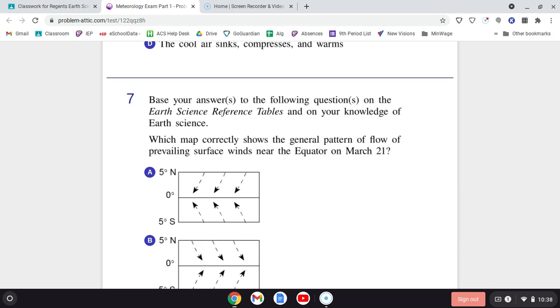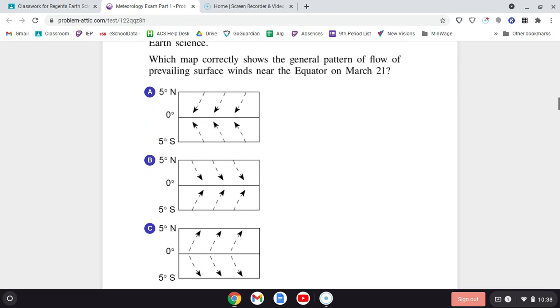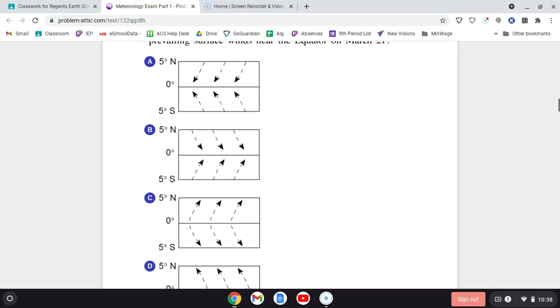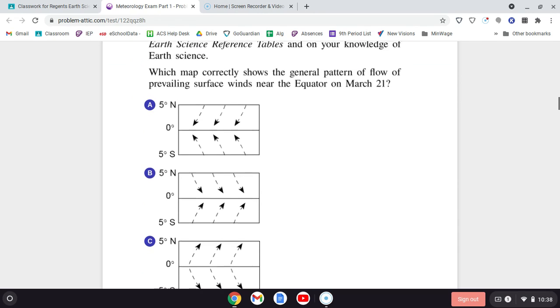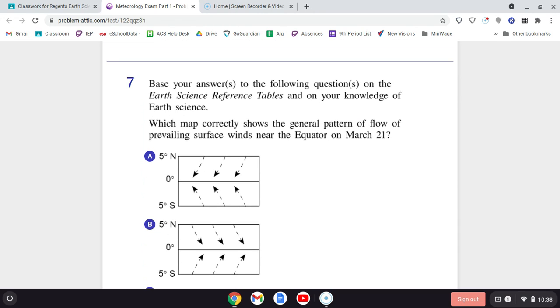If you need to look at the prevailing winds, that's on page 14 of your reference table. So I'm going to take away C and D. So it's either A or B. Which map correctly shows the general pattern of flow of prevailing surface winds near the equator on March 21st?